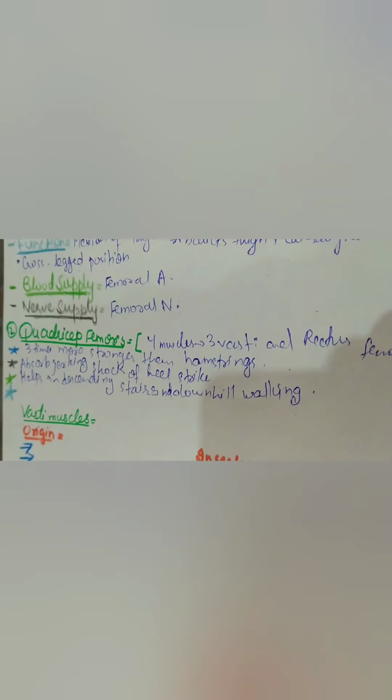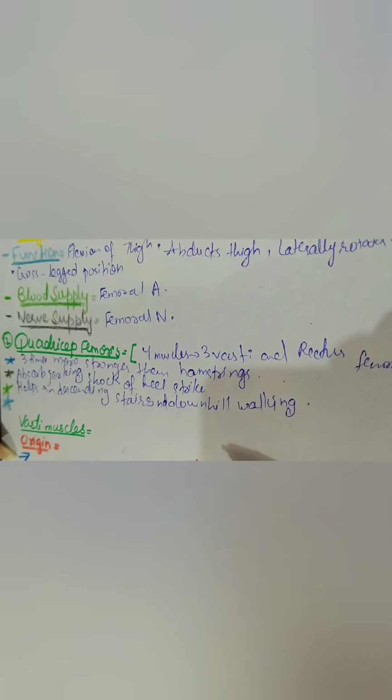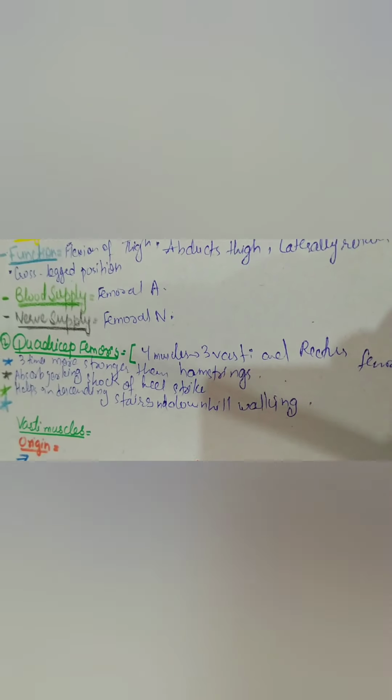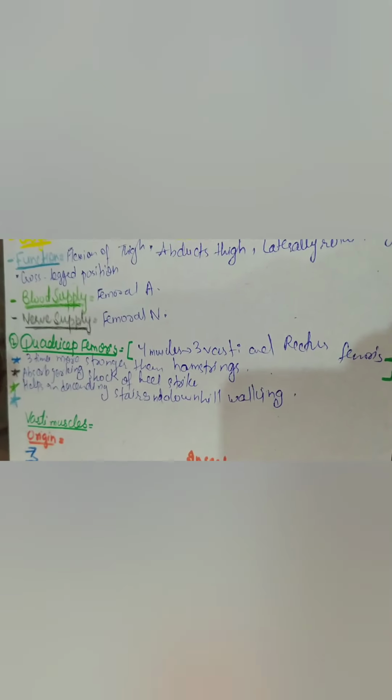Right? And the next thing is that all the quadriceps components, which are the 3 vasti and the 1 rectus femoris, insert into the patella in the distal portion, and it forms a band of the 4 muscles.